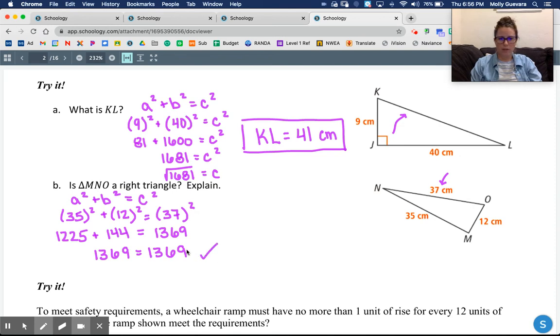And yeah, right? The left side equals the right side, so we're good. So yes, triangle MNO is a right triangle. And there we are.